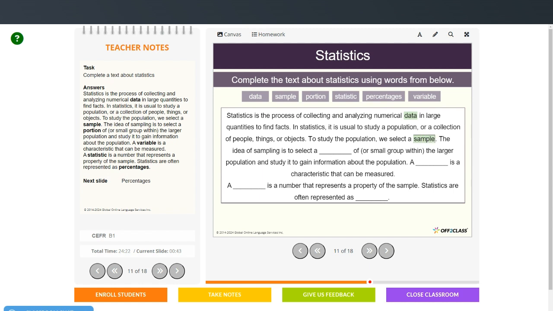The idea of sampling is to select a portion or a small group within the larger population to study it to gain information about the population. A variable is a characteristic that can be measured. A statistic is a number that represents a property of the sample, and statistics are often represented as percentages.